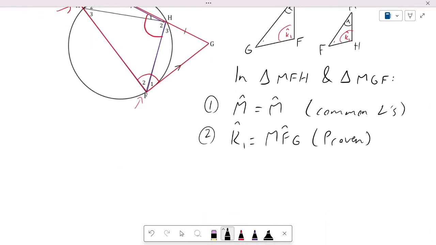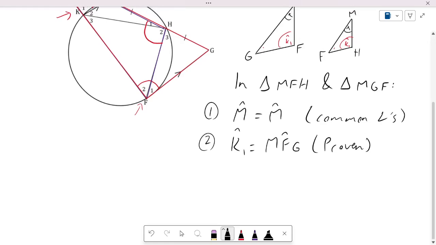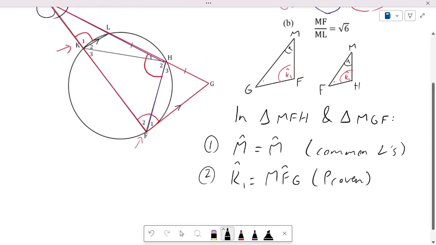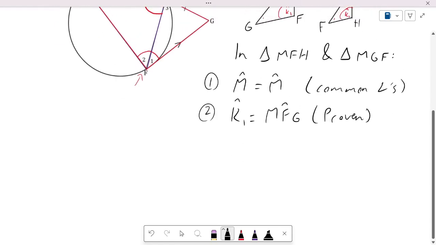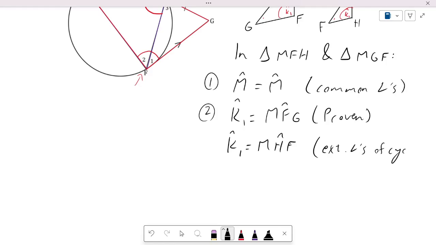Okay. And then our next step over here is going to be, because we proved that that was equal, we also showed that K1 was also equal to MHF, right? K1 is equal to MHF. And the reason why that's true is because of exterior angles of a cyclic quad.